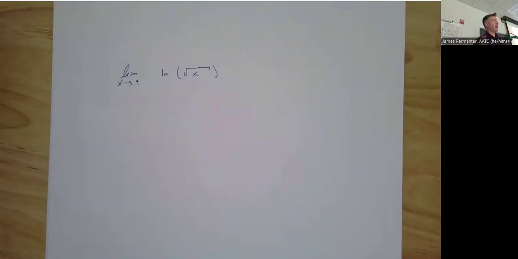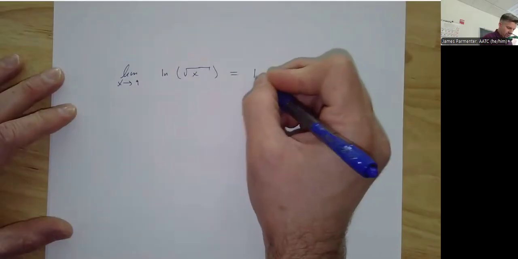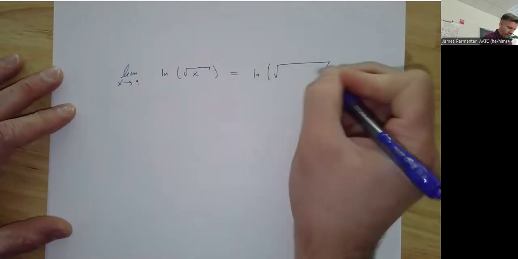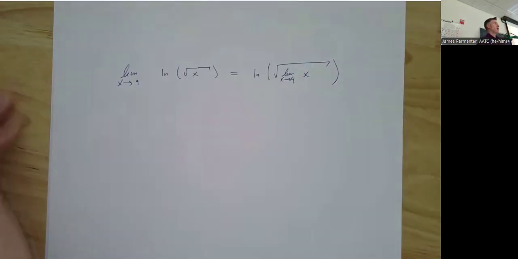But the actual thing you're technically doing when you do that is you're rethinking of it as the natural log of the square root of the limit as x approaches 9 of x. As long as the functions that you are using are continuous functions that are defined, at least wherever we're worried about, the limit can kind of travel through the continuous function to the inside part. That's what's happening here.